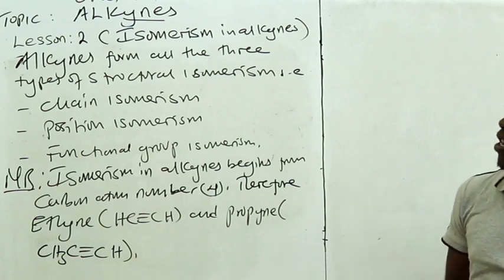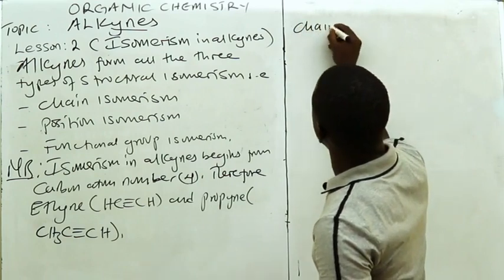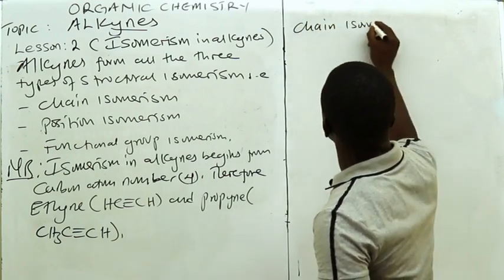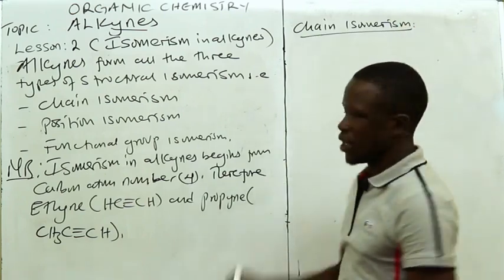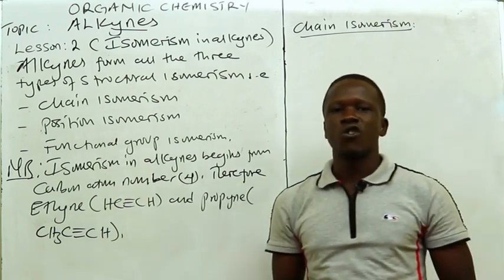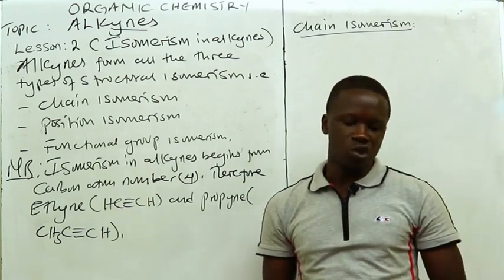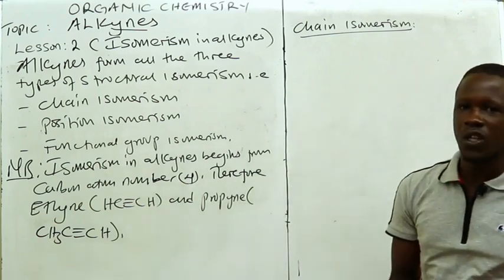Let's begin with chain isomerism. In the definition, we say that chain isomerism results in a different arrangement of carbon atoms within the carbon chain, resulting in what we call branched and straight chain isomers.